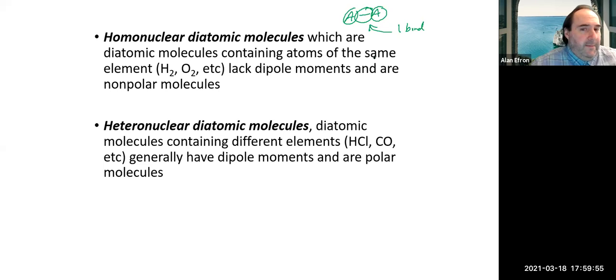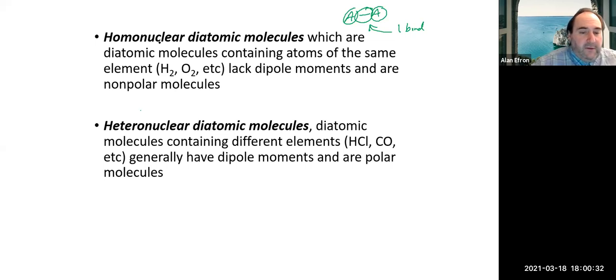If you could determine that that bond is polar, that would mean the entire molecule would also be polar. And if you were able to determine that that one bond is nonpolar, you would be able to determine that the molecule is going to be nonpolar. The reason for that is because there's only one bond.